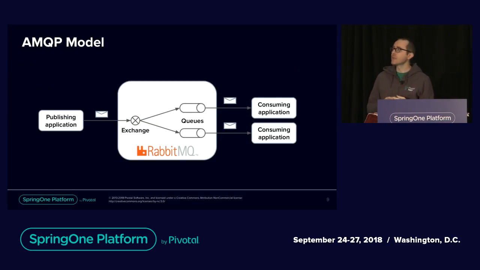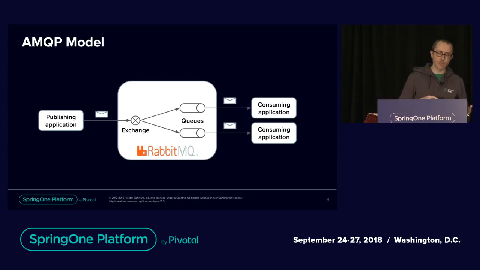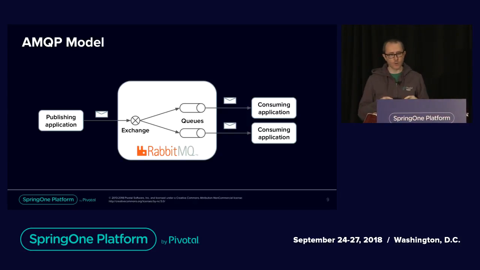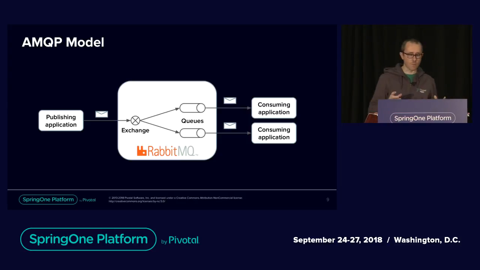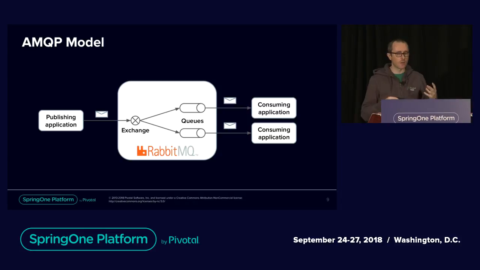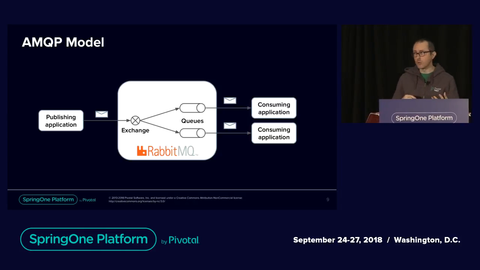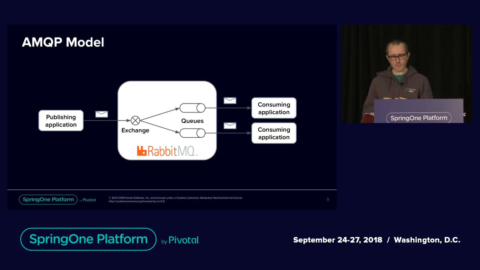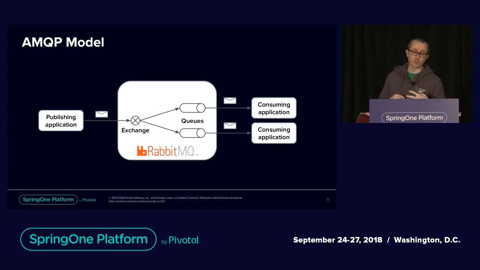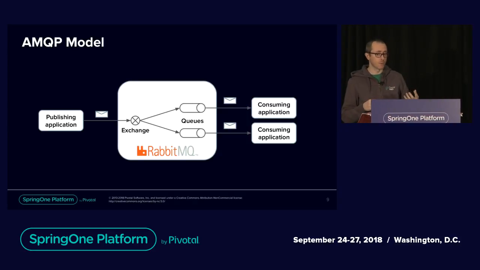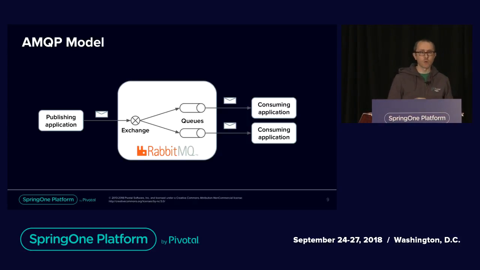One slide about the AMQP model, if you're not familiar with it. When you are using AMQP, you publish messages to exchanges. These messages are routed to queues, and this is where you can consume your messages from. There are routing rules between the exchanges and queues. We call that bindings.